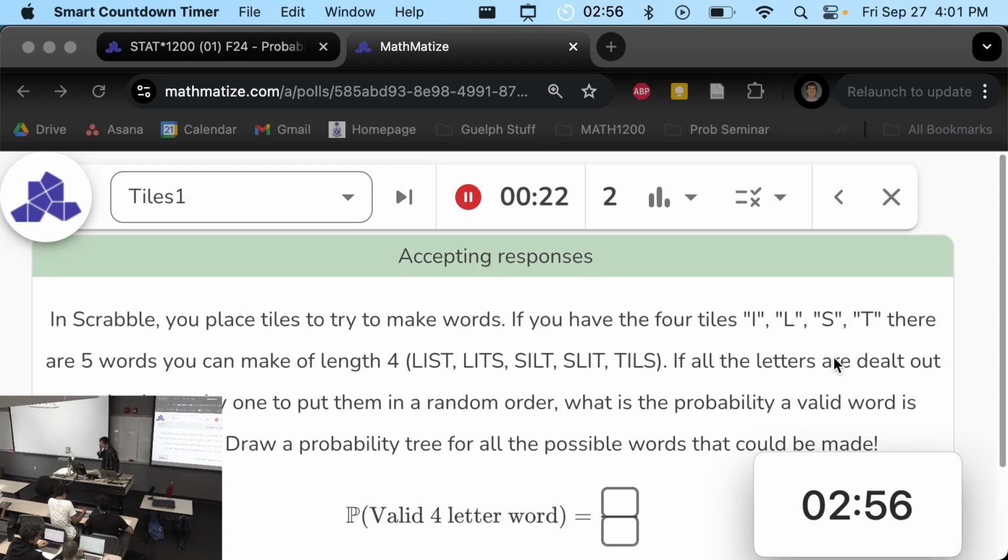Just do this. That's the total number of words you can make divided by what the number of actual words are versus divided by the total number of different things you have. It's 4 factorial. But I'm not doing my 20. It's 4 times 3 times 2 times 1. So 24.